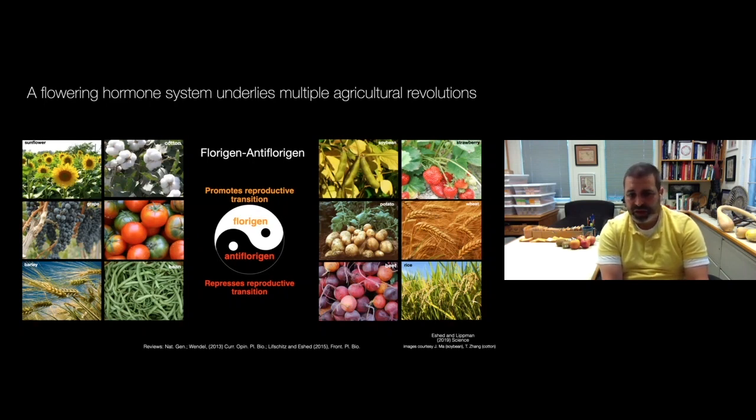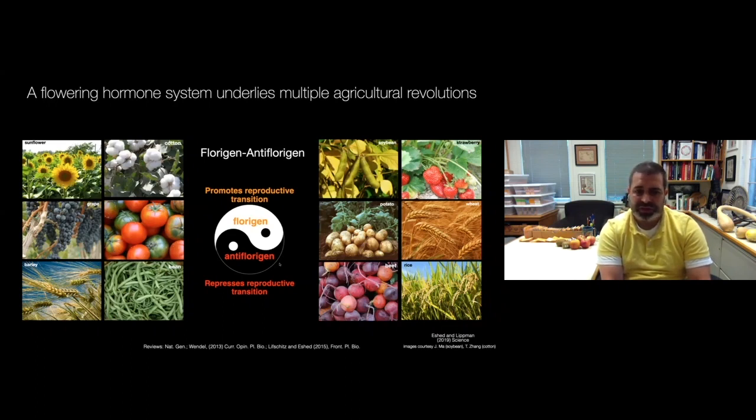And it has to do with a toned down version of a system of flowering that involves 2 protein hormones known as florigen and antiflorigen that work in opposition, or in this yin-yang relationship, to promote flowering from florigen and repress flowering from antiflorigen, which gives you a naturally ecologically selected advantage in terms of flower production. And then, of course, modification of this would then be very critical for agriculture, because it would change not only the number of flowers that are produced and then fruits and seeds, but also the architecture of the plants, as you'll see in several slides.